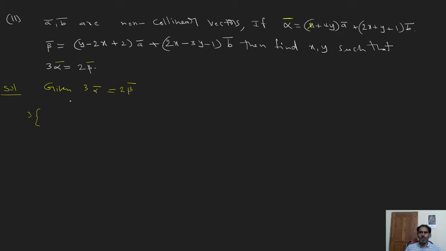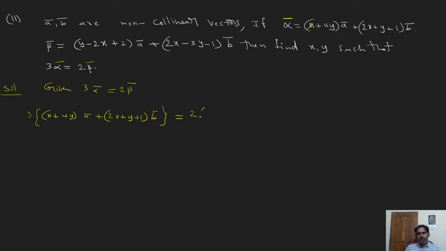What is alpha bar? This is x plus 4y into A bar plus 2x plus y plus 1 into B bar.